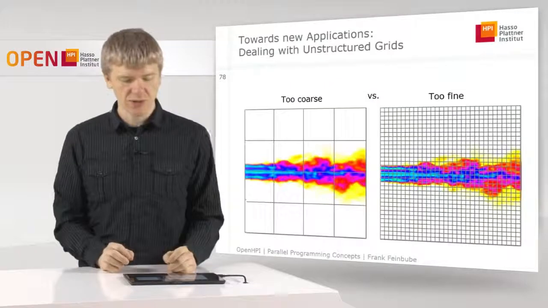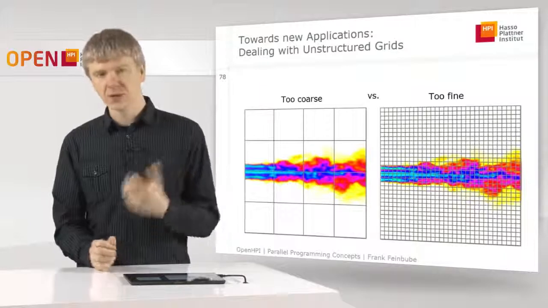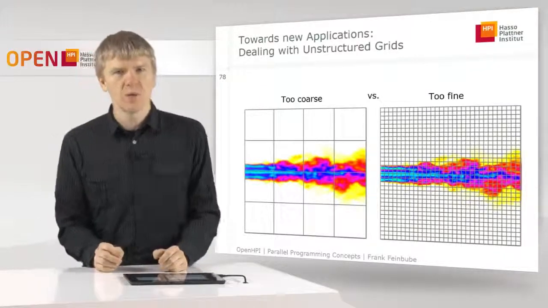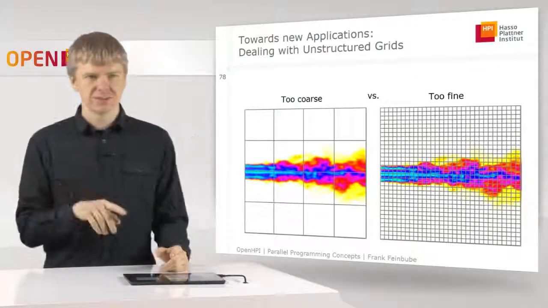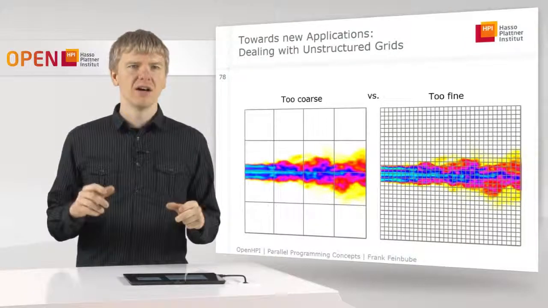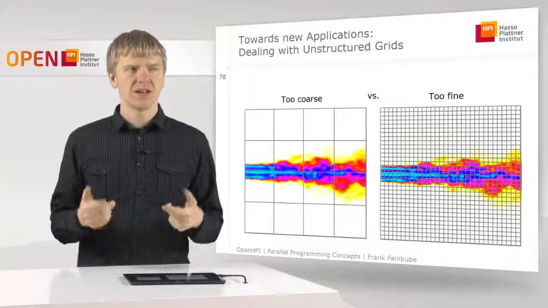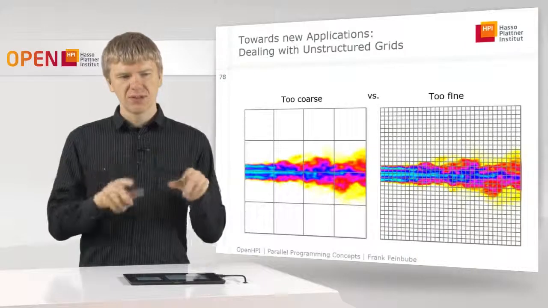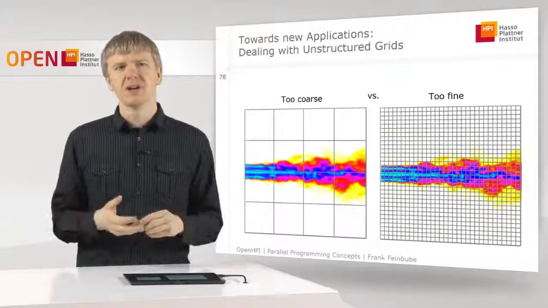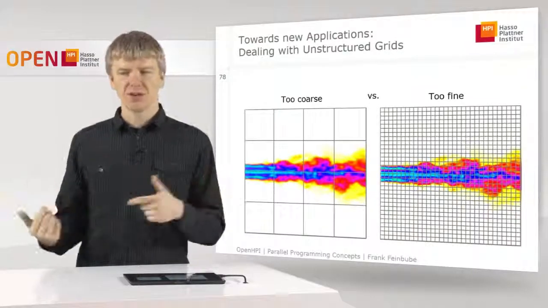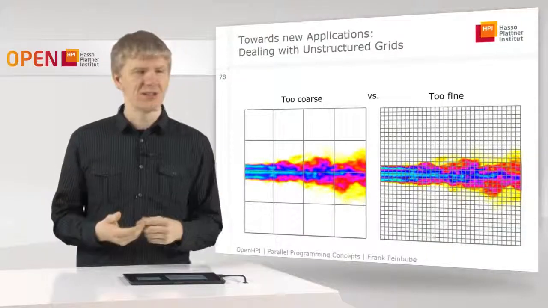Then there's another problem. We already talked about problems that can be solved with accelerators, and usually we have this static index grid that allows us to subdivide the problem that we have and throw the indexes on it in order to do the data parallel calculation.